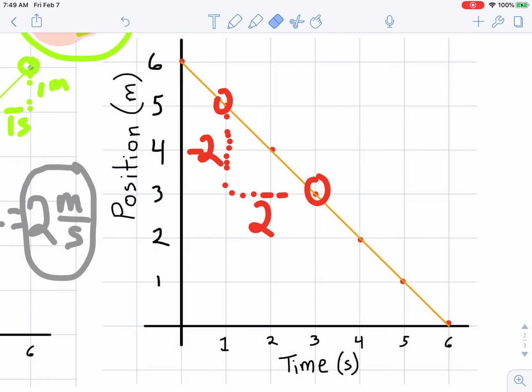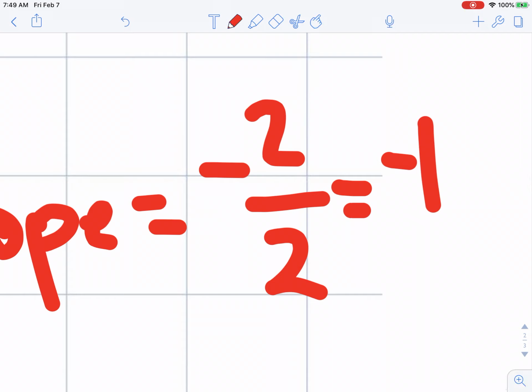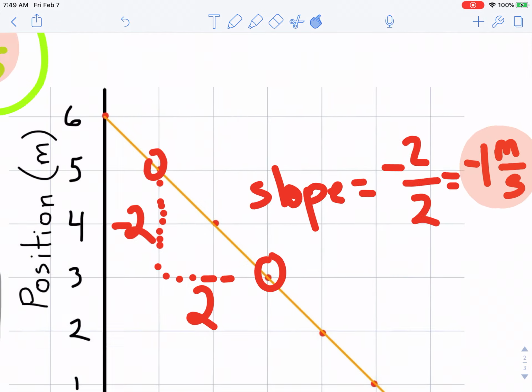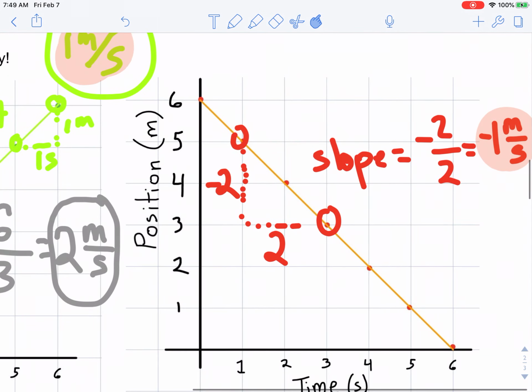And in physics, we never forget our units. The units of the slope of a position versus time graph are meters per second. So that's how fast this guy is going. -1 meters per second. And we actually say that. The velocity of the lizard is -1 meters per second.